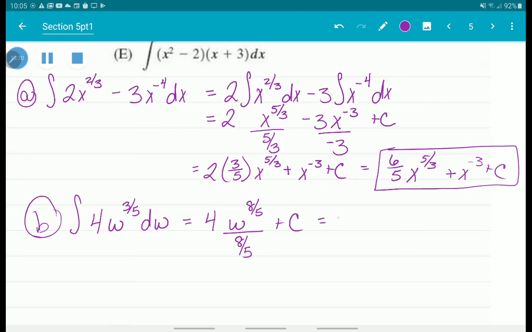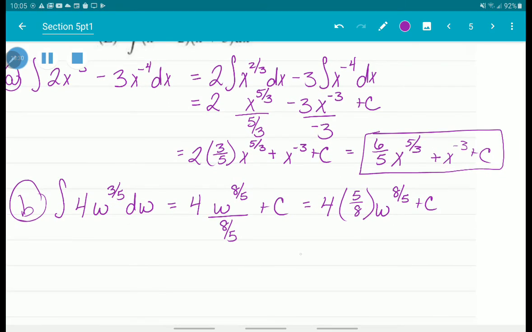Now we need to simplify this, so we're going to rewrite this as 5/8. The 4 and the 8 reduce, so we're going to have 5/2 w to the 8/5 plus c.